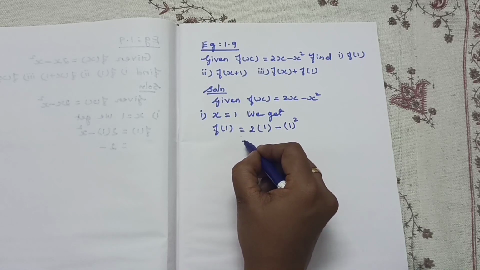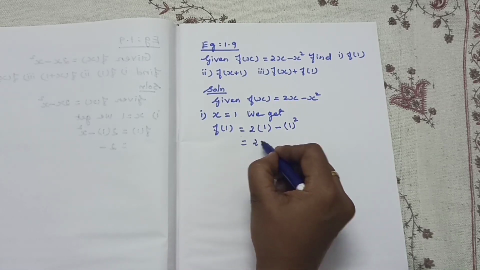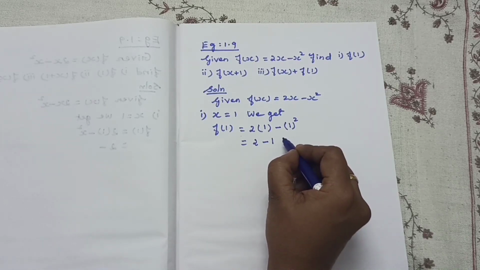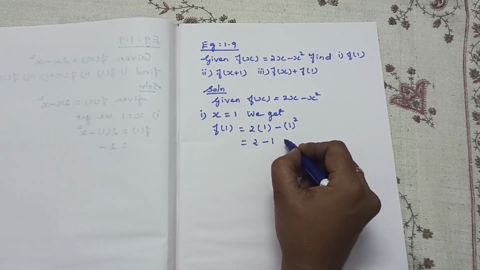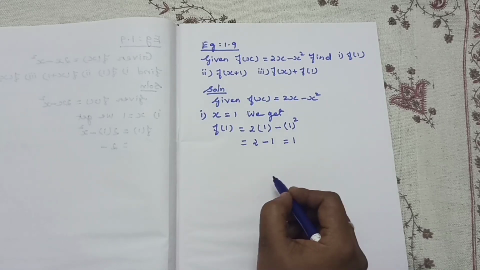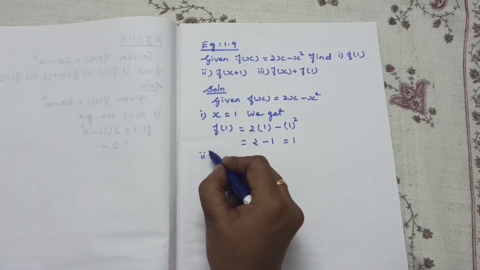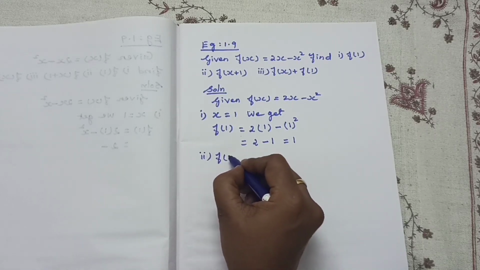Okay, then 2 into 1 is 2, isn't it? Minus 1 square is 1. Correct? 2 minus 1 is 1. Okay? Then the second solution, f of x plus 1.